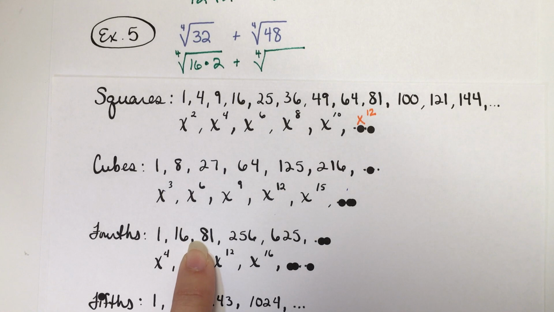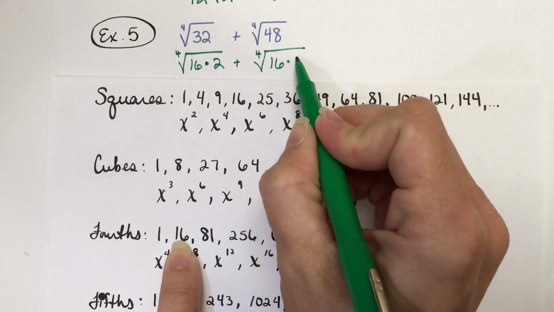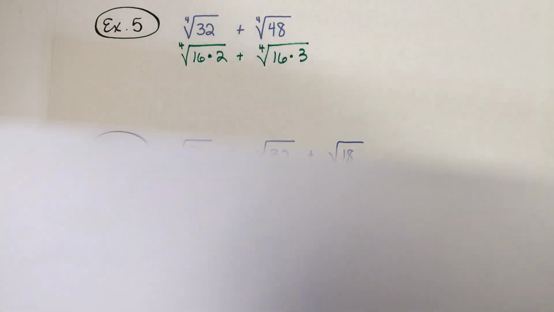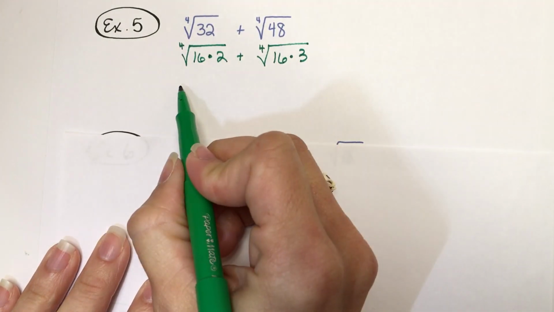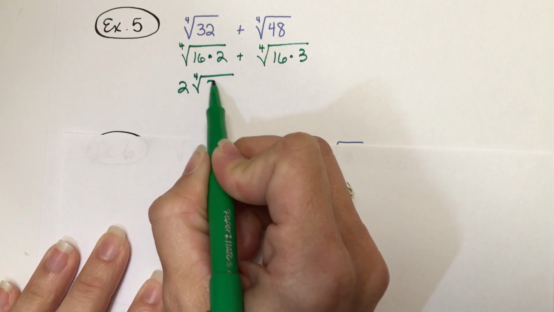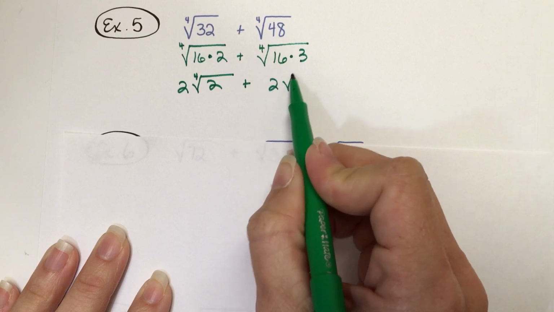Okay, now 48 is not a perfect 4th power, but 16 again is, and it will go into 48 3 times. Okay, so now the 4th root of 16 is 2. Again, 4th root of 16 is 2.